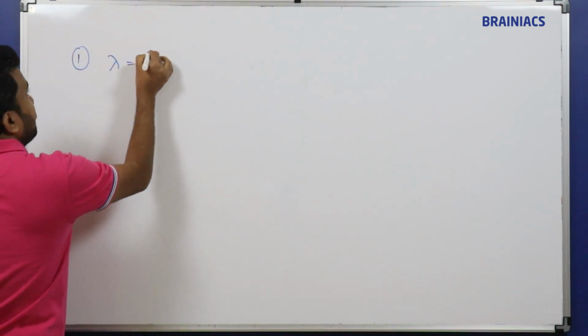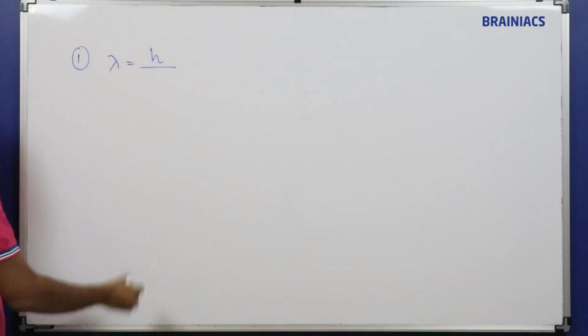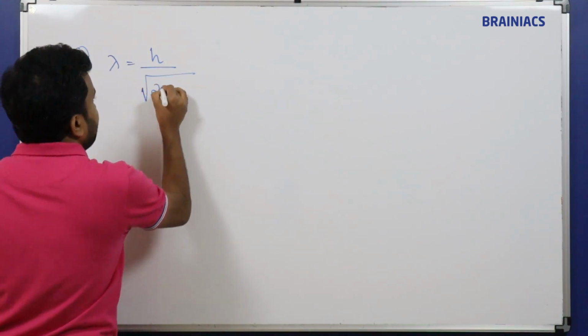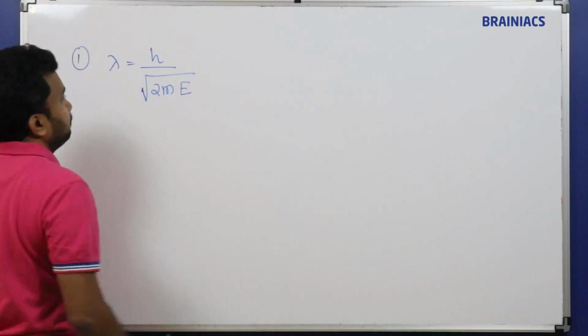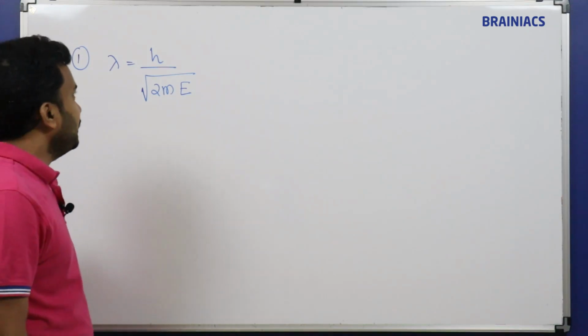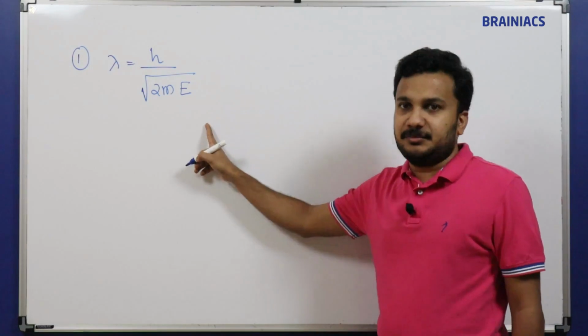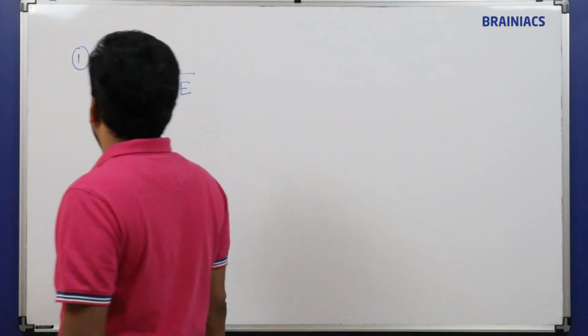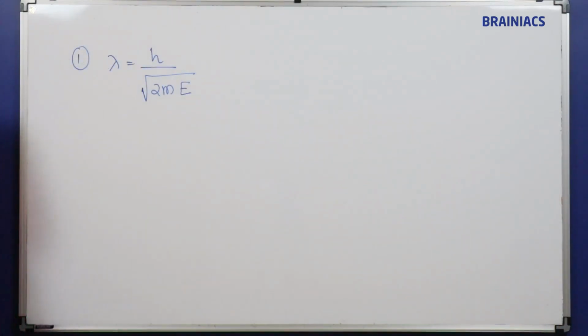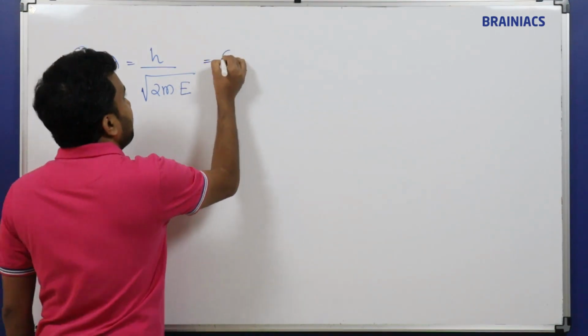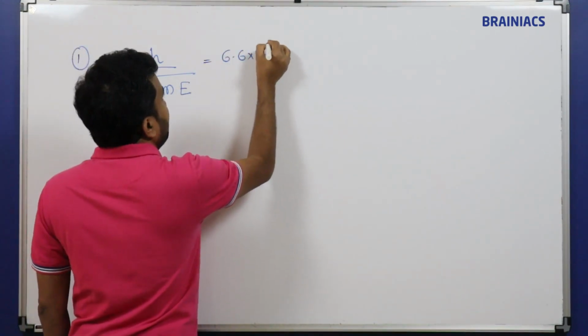Lambda, the de Broglie wavelength, is equal to h divided by root of 2mE, where E is the energy and m is the mass. You know this equation; it is a very common equation. h is the Planck's constant. We substitute the value 6.6 into 10 power minus 34.